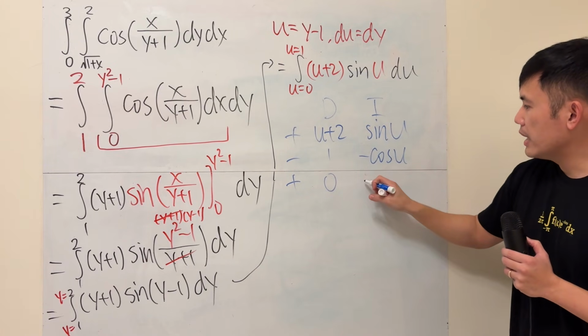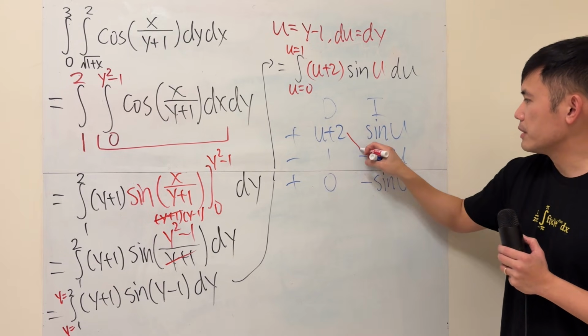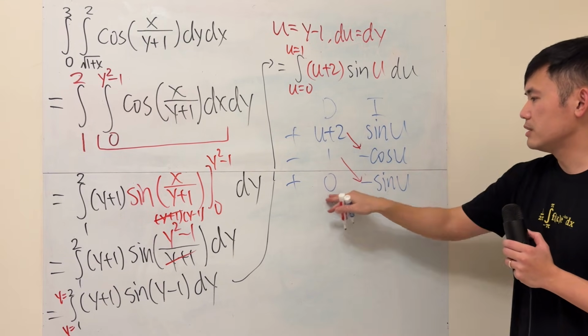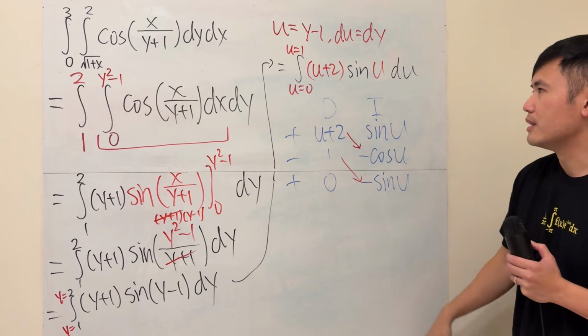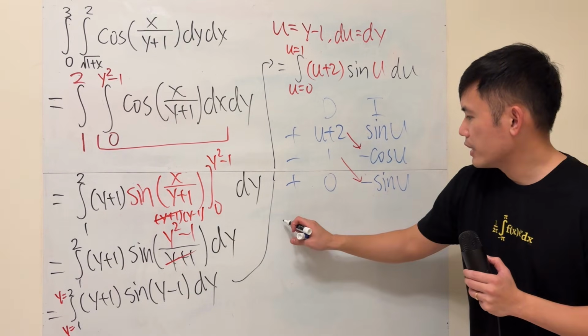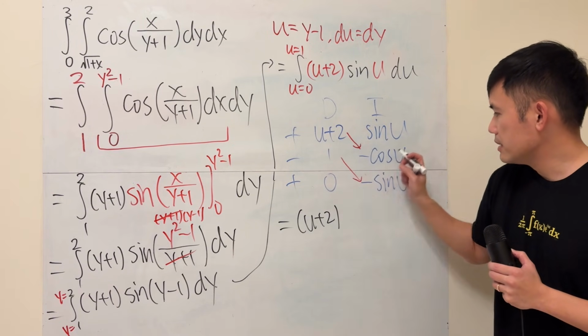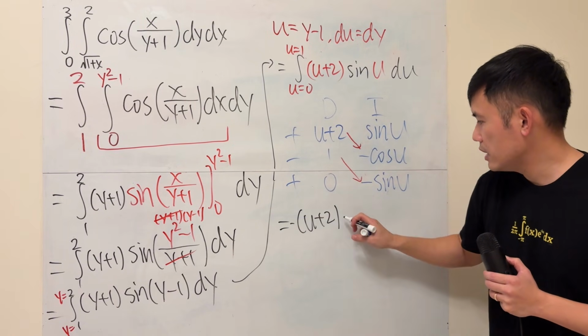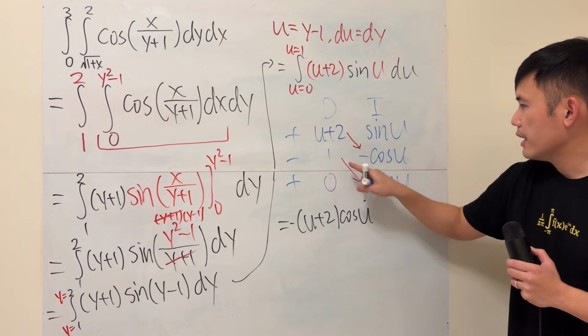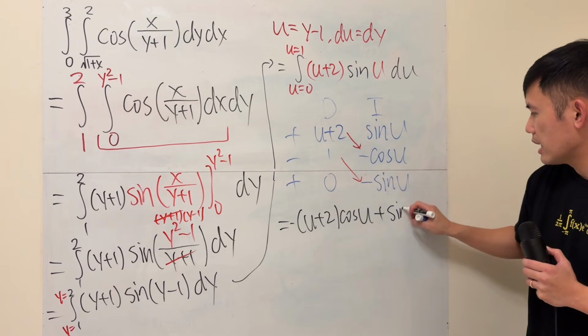Do this again, we get negative sine u. And then remember, this times this times this. 0 times nothing doesn't really matter. So, to continue, we will get u plus 2 times negative cosine u, and then negative 1 times negative, so it becomes plus sine u.